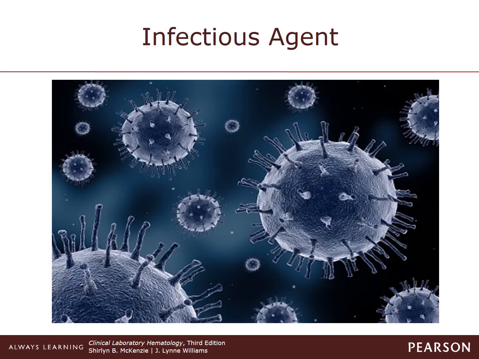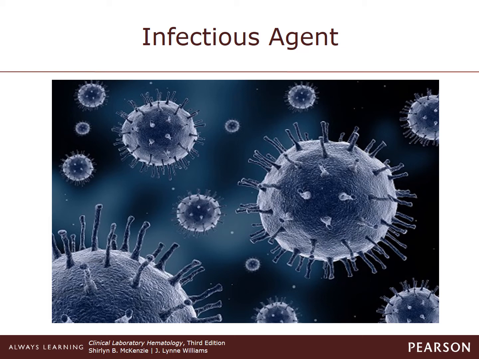Now again, infectious agents can also cause aplastic anemia. They can be caused by either viral or bacterial infections, and it is usually followed by a transient cytopenia. This can be limited to the red blood cell line or include all three cell lines.